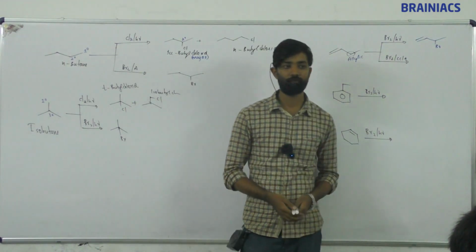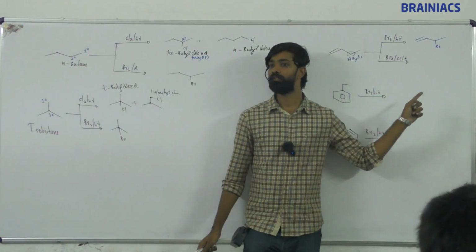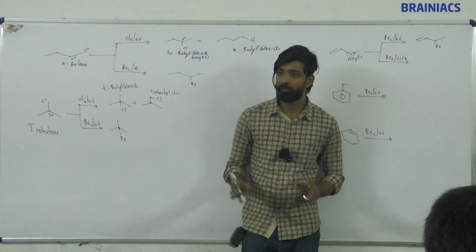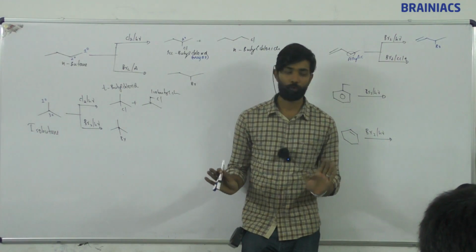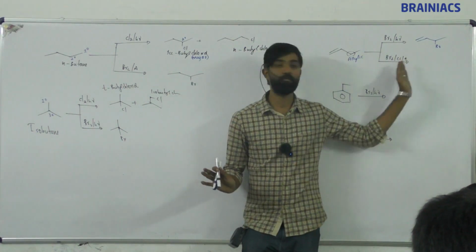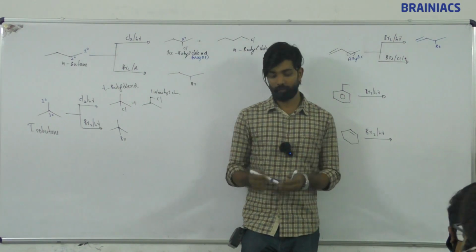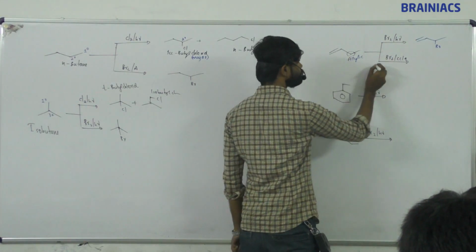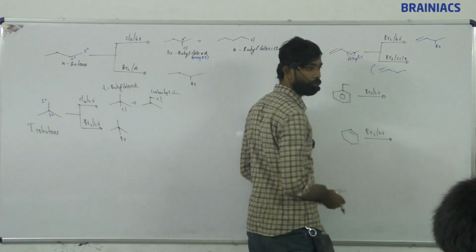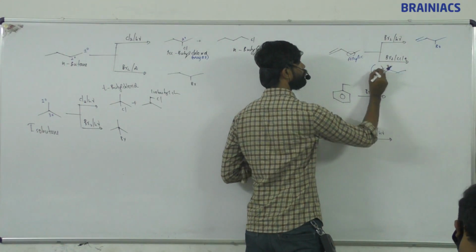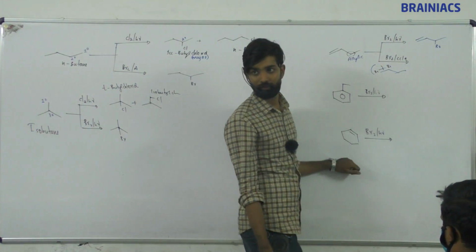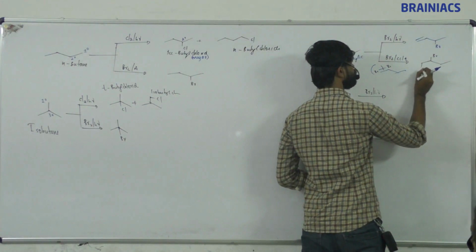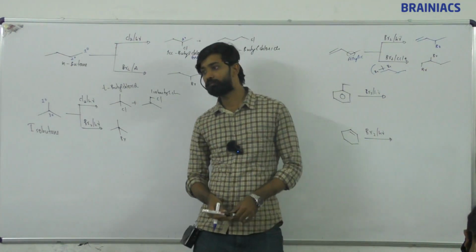What about the second reagent? Bromine in CCl4. It's not bromine with sunlight, not bromine with h nu, not bromine with heat. It is bromine in CCl4, where the reaction takes place at the unsaturation. You know, normal addition of bromine to the double bond will be discussed in the chemical properties of alkene. Now the product will be an addition product, not a substitution product. The mechanism changes.